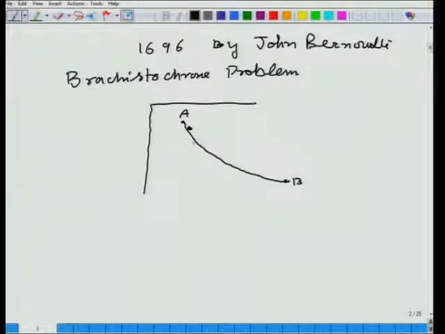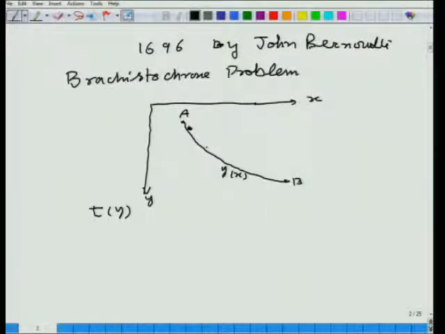Then certainly the time taken by this particle coming from A to B is a function of this y, where y is this curve as a function of x. So, this is the x axis and this is the y axis, and y is a smooth function of x, so that at each point the tangent is defined.